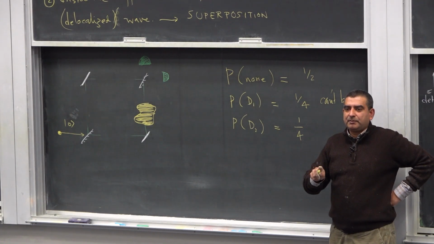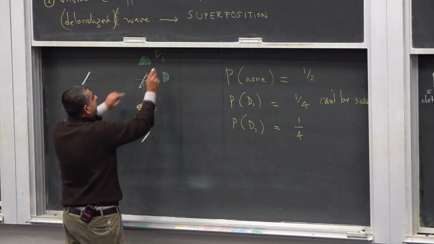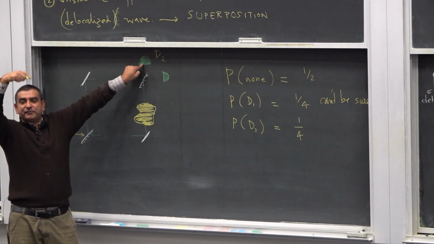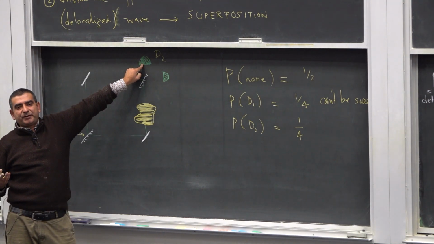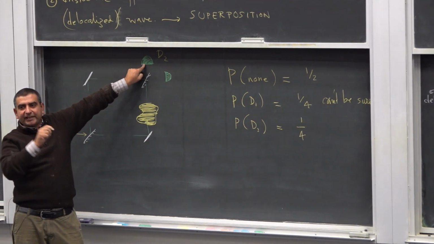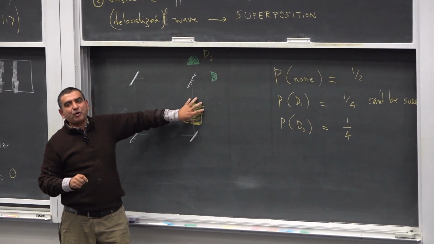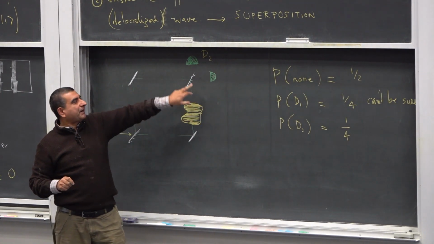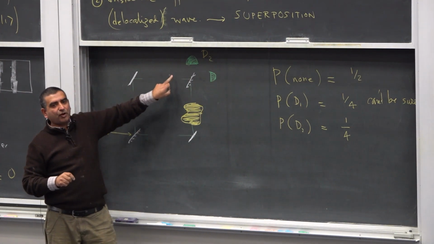No. Because this detector D2 is clicking, which means it is registering an incoming photon. So the photon cannot be absorbed inside the interferometer. But the clicking of this detector is a telltale signature that there is some object here. So by looking at this detector, we can detect the presence of an object in either of these arms.